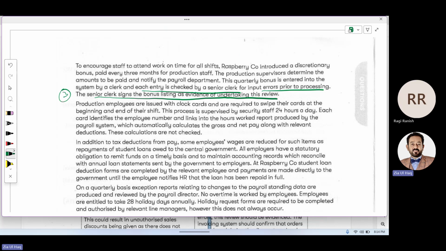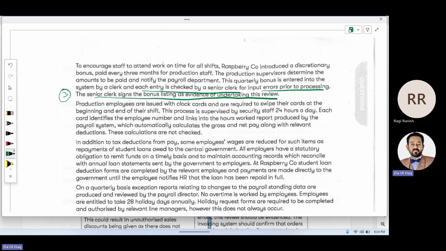Or you can say select a sample of bonuses from the payroll system and compare with the bonus list signed by the senior clerk to verify the review is performed properly, with no difference between the system and the bonus list. Is it fine? Compare, reconciliation.